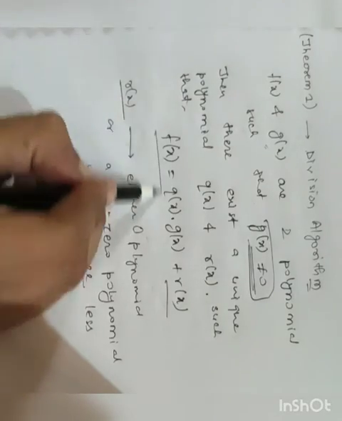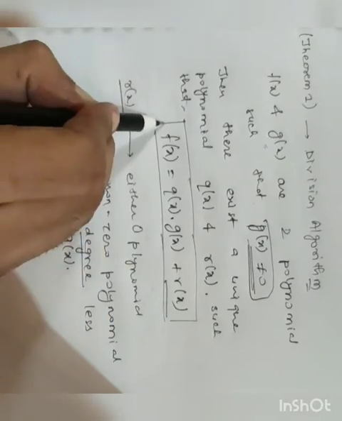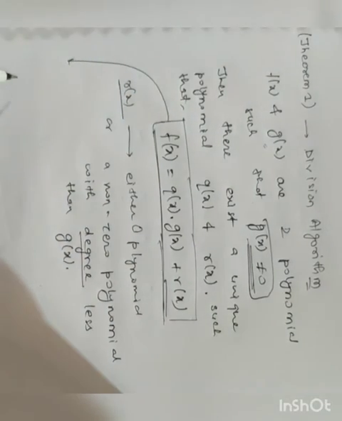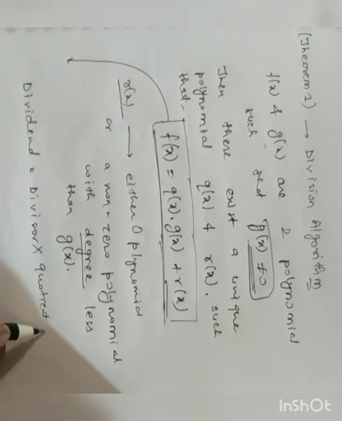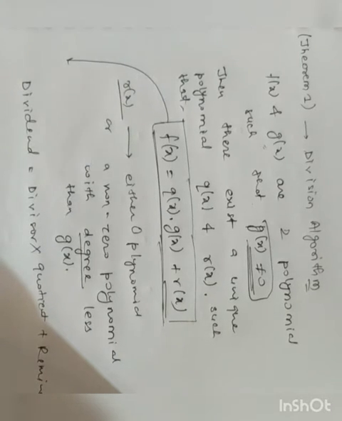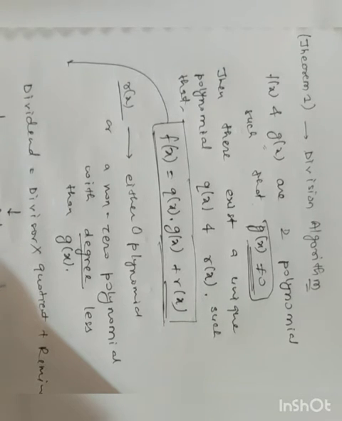So this reminds me of something. What is it? It is of the form dividend equals divisor times quotient plus remainder. So here g(x) is the divisor, f(x) is the dividend, the quotient is q(x) and the remainder is r(x).